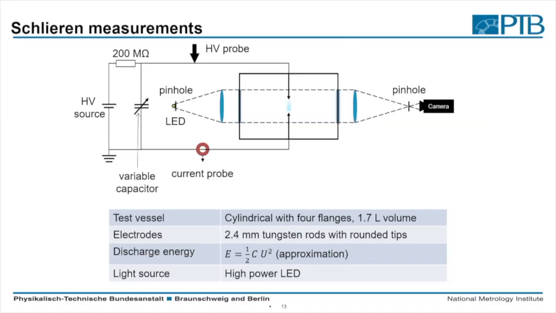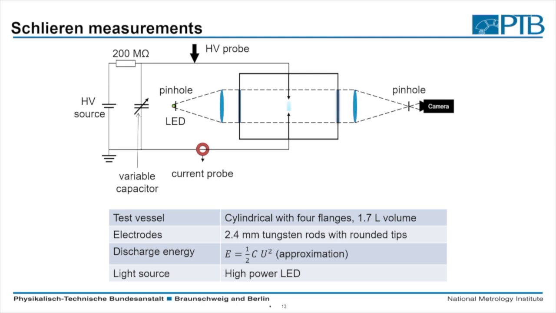So for Schlieren measurements, here we have an LED as a light source. We use a pinhole here, we have a lens system here, we have the observation volume here. Then we have a pinhole here, and then the camera.